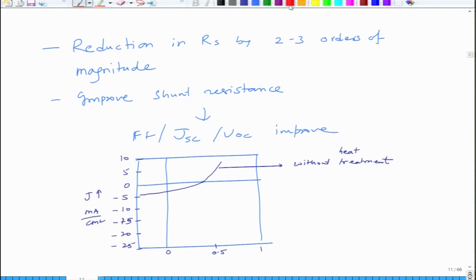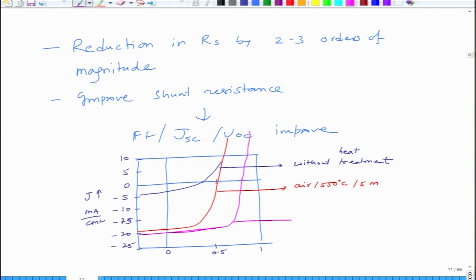If you do a heat treatment in air at 550, you will marginally increase the VOC, so this is for air, 550 degrees centigrade, 5 minutes. But if you do CdCl2 treatment, the current increases and the VOC is nearly somewhere here and you get a very good IV curve.